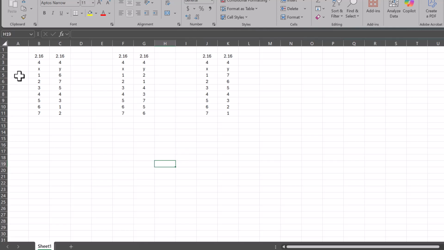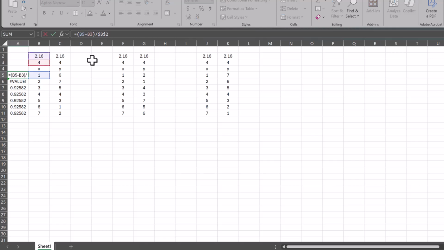Okay, now converting these to standard units: take the data point minus the average divided by the standard deviation and fix that. Okay, I need to fix this as well.